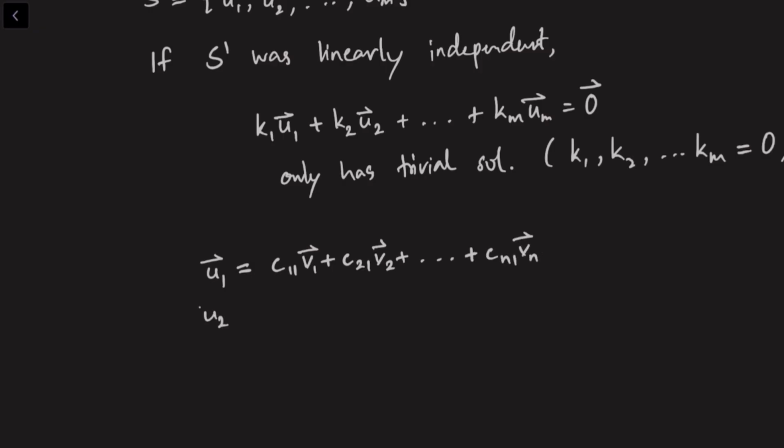Same thing for u2, it would be c12 v1 plus c22 v2 plus cn2 vn.